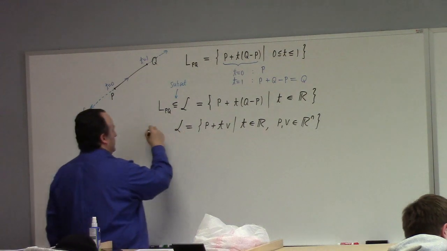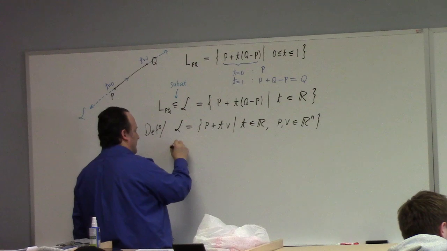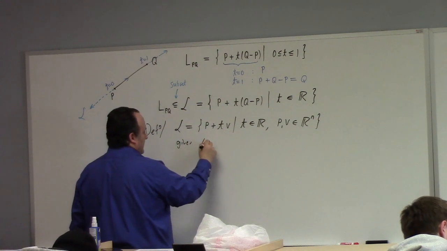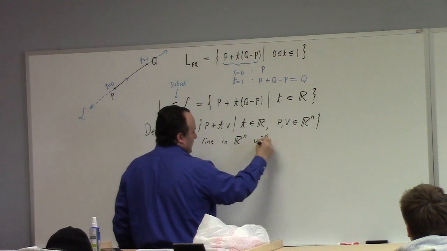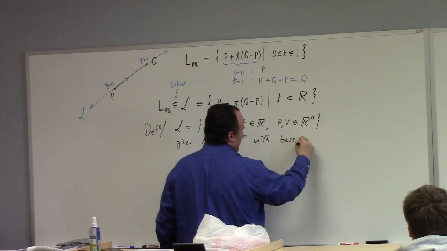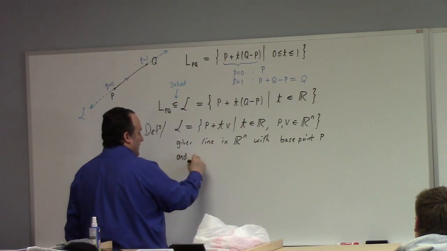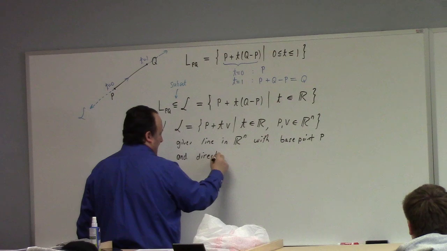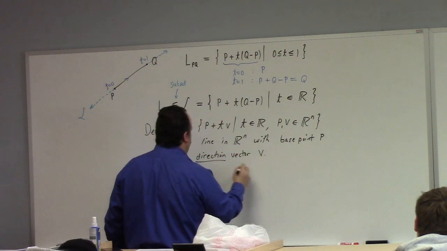This definition gives a line in Rn with base point P and direction vector V, right?